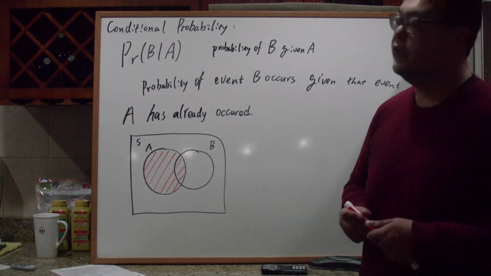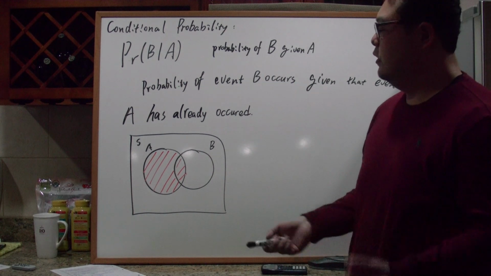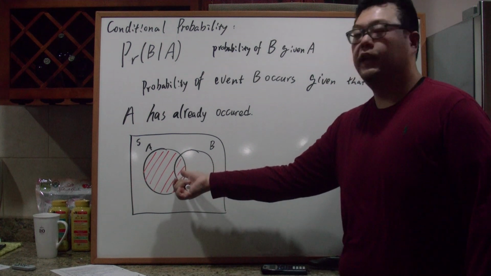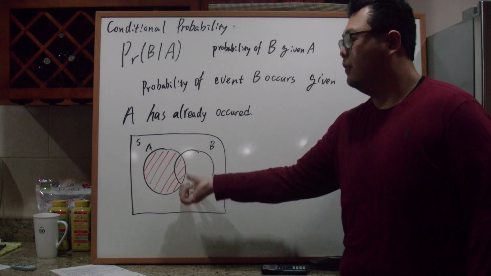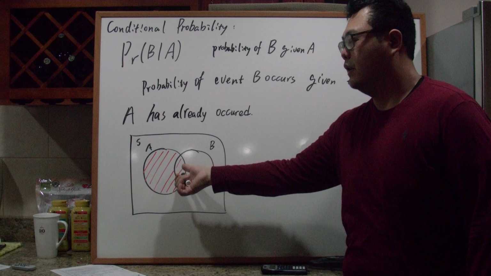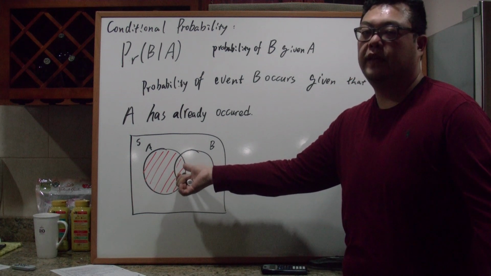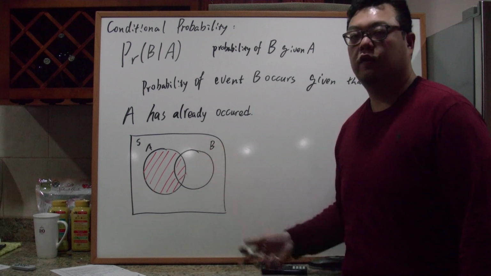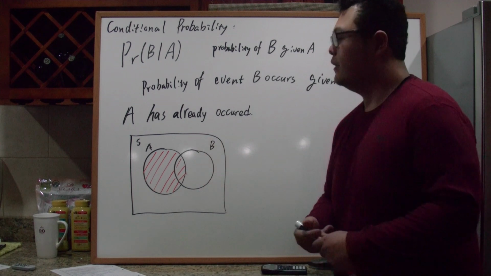The shaded part is the event A. So A and B are overlapping in general. Then B can happen only in the middle part, right? When the middle part happens, event B happens when A happens, and the middle part is called the intersection.